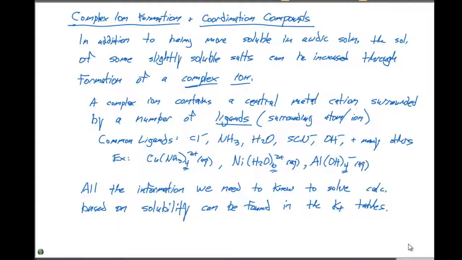So for solubility, if we wanted to determine if a precipitate forms, we look at the KSP tables, which are solubility product constants, which allow us to analyze solubility equilibria. When we talk about complex ions, we look at KF tables. A KF is called a formation constant.